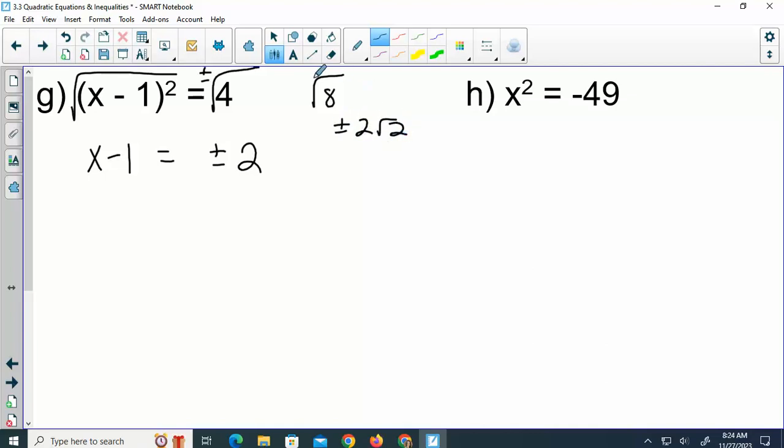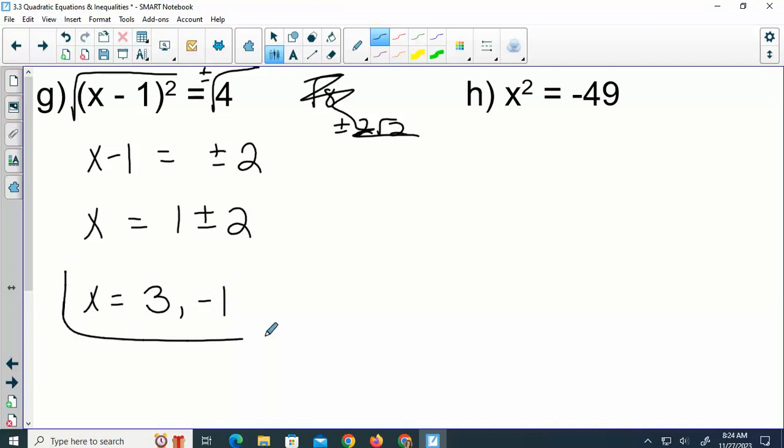So that's okay if that happens. So if we add our 1 over, we get 1 plus or minus 2. Because those are like terms, we can finish it. So 1 plus 2, 1 minus 2. Questions on that one?